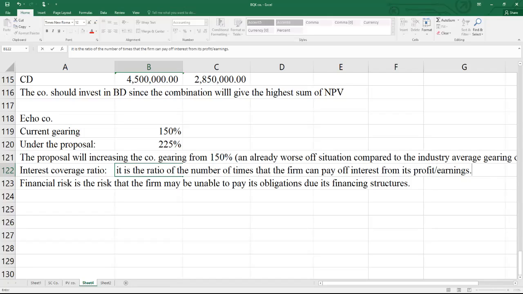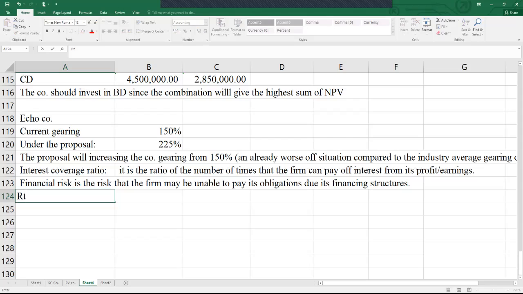The ratio is equal to the profit before interest and tax, divided by the interest.